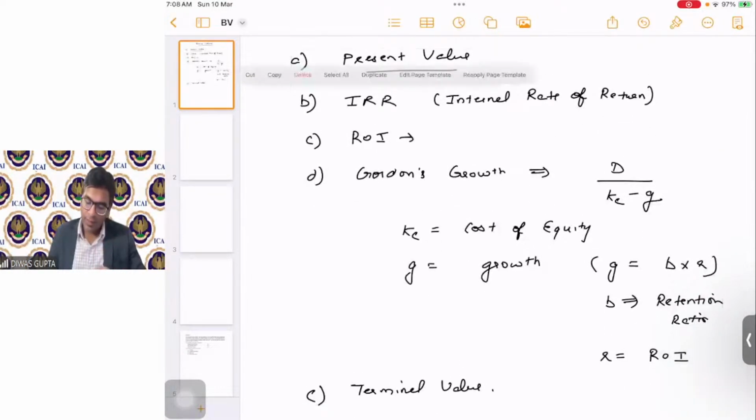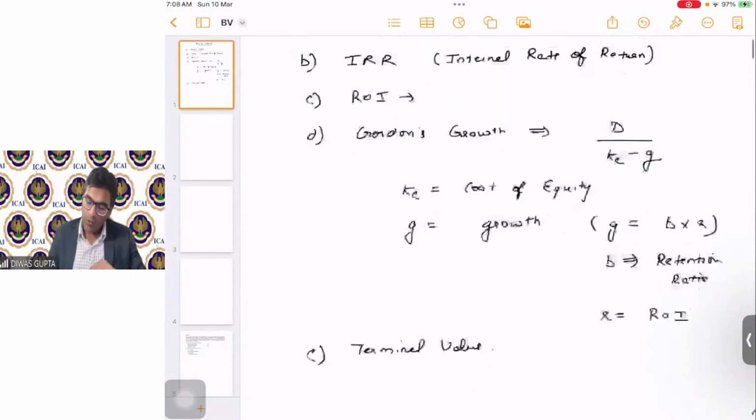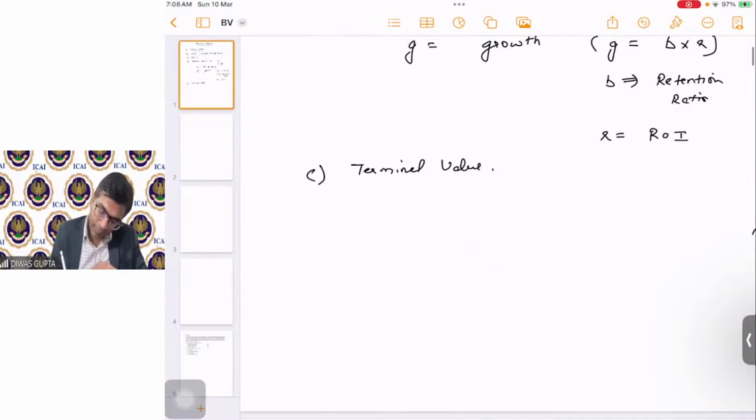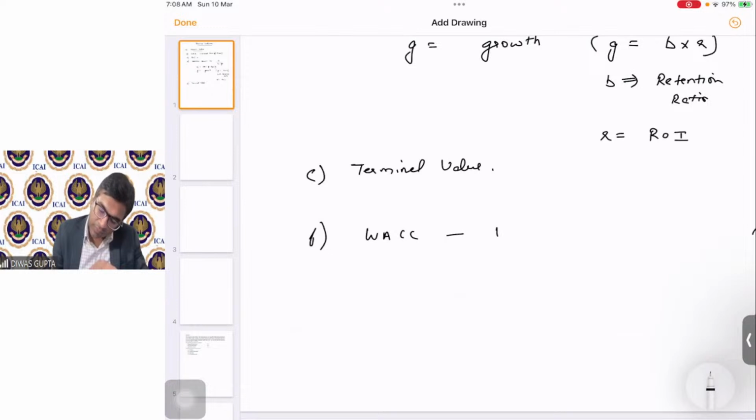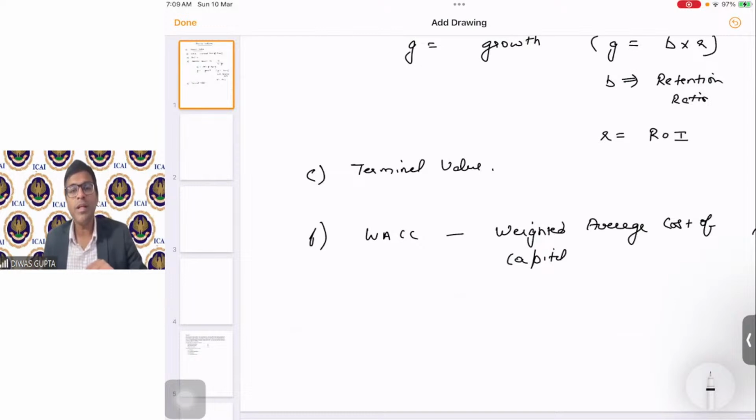Okay, students. Then I hope all of you remember what is meant by WACC, weighted average cost of capital. Can you tell me, students, what do you mean by WACC? What is your understanding on WACC?